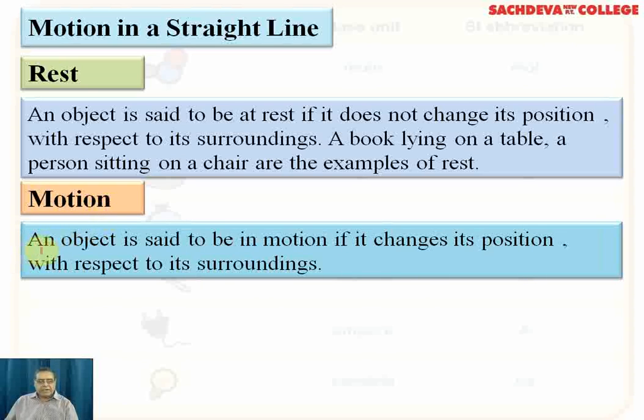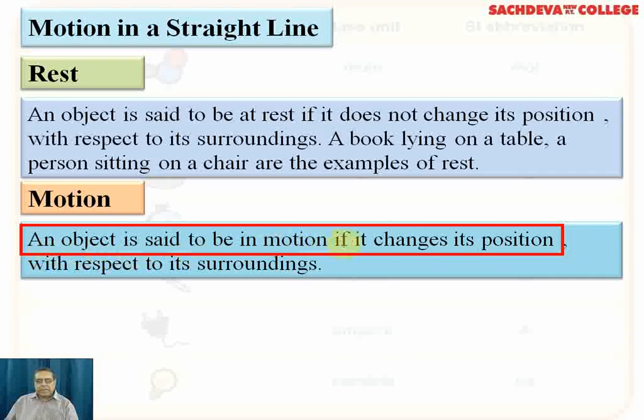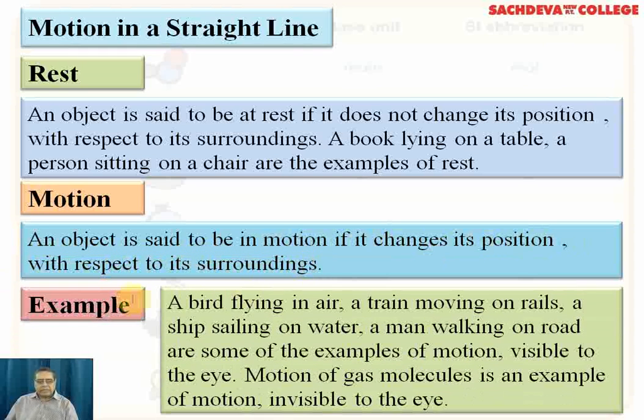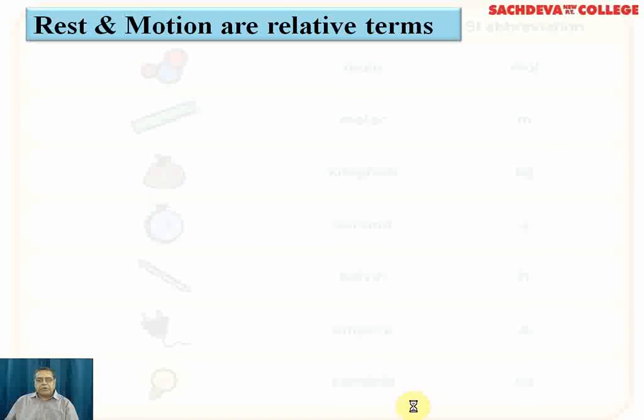The examples for motion are a bird flying in air, a train moving on the rails, a ship sailing on water, and a man walking on the road, which are motion visible to the eye. Motion of gas molecules is an example of motion invisible to the eyes, because the size of the molecules is very small, so our eye is not able to focus on the molecules.